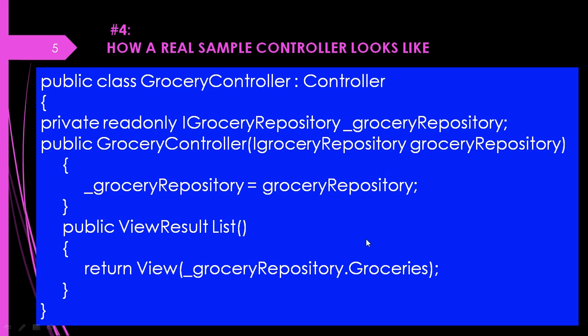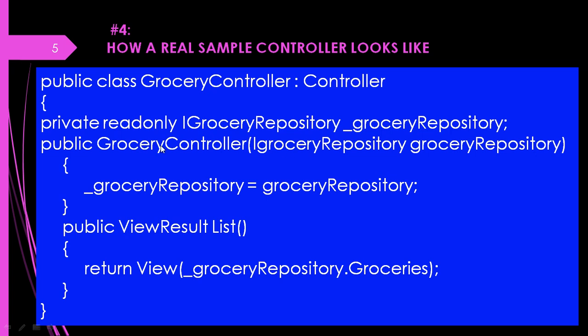Previously, we have seen the interface IGroceryRepository, we had created domain classes for it, and we have implemented this IGroceryRepository by creating a concrete class that implements it. We have seen all the methods of that concrete class. And this IGroceryRepository contains the list of methods, the behavior and the operations which have to be performed by this grocery controller, right?